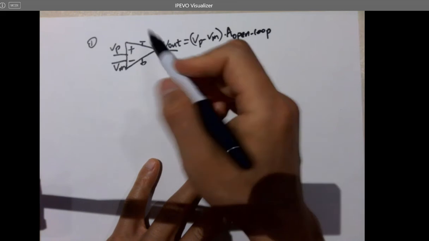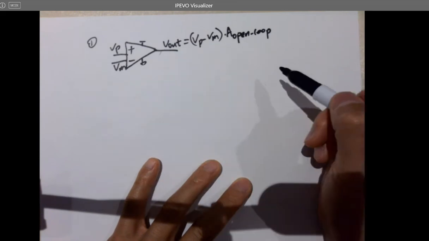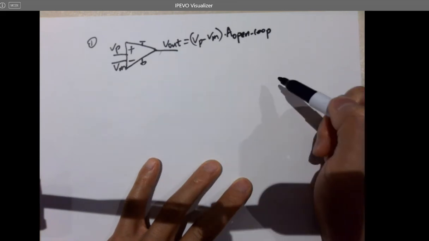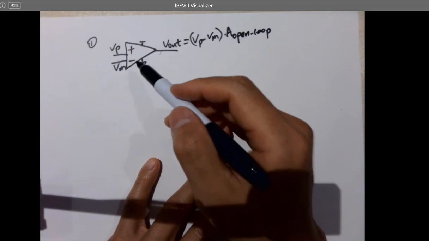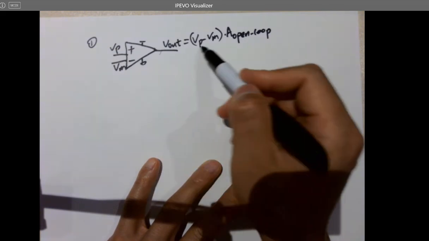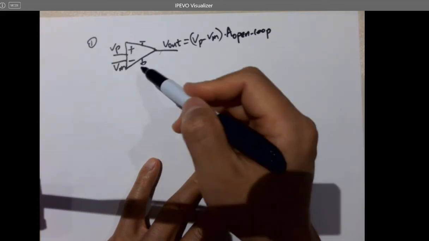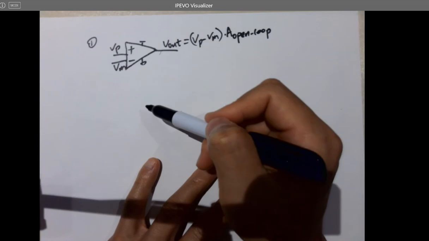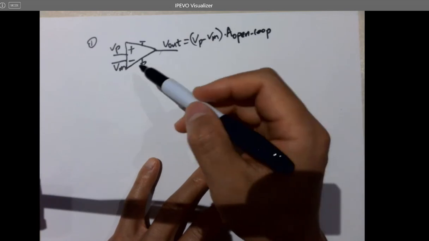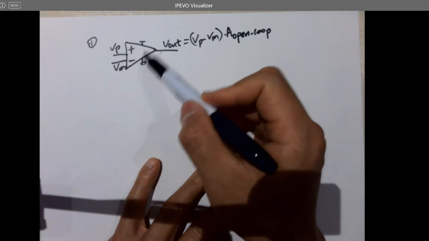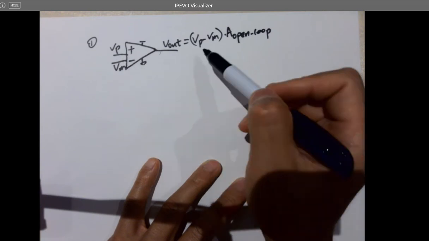Why is it open loop? Because there's no feedback. We are learning the properties of this symbol, not everything inside. I know you have questions like why is it amplifying this. It's designed to do that. You'll probably learn how to design OpAmps in the future, but for now just memorize that.